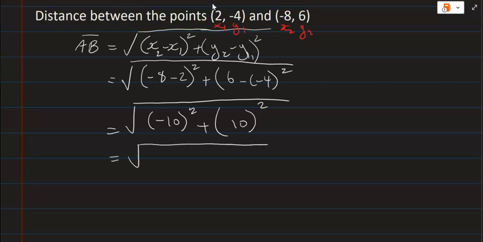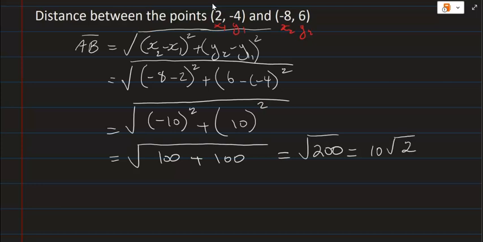So what do we have? -10 squared is 100, plus 10 squared is 100, and that will be square root of 200. And we can actually simplify this radical, so that becomes 10 root 2.